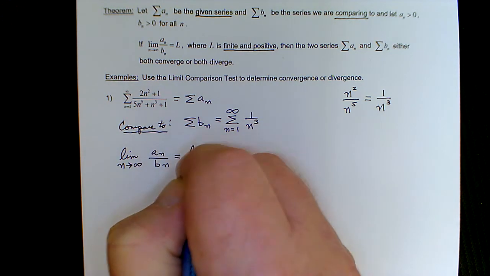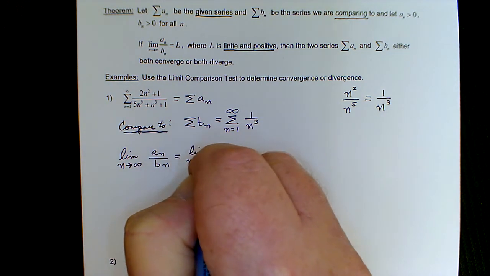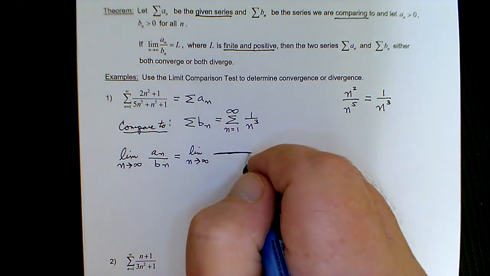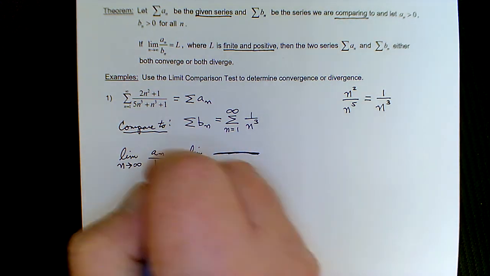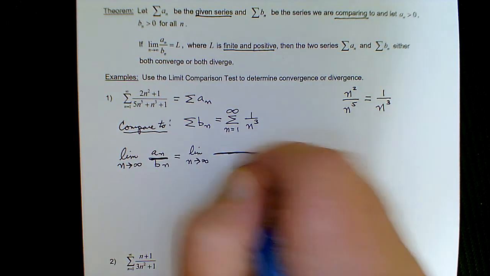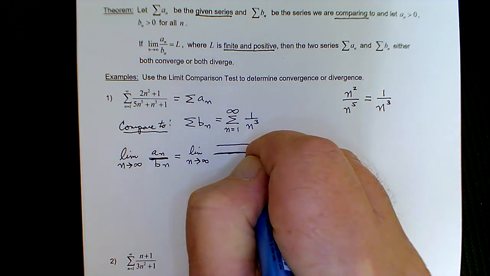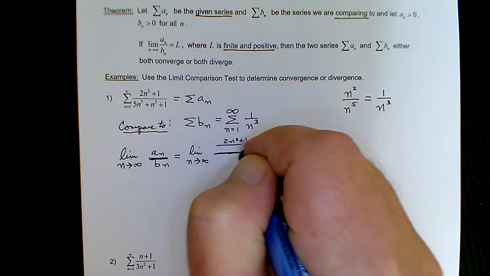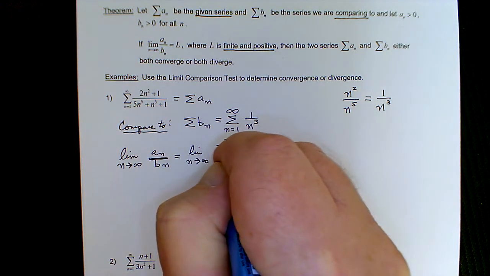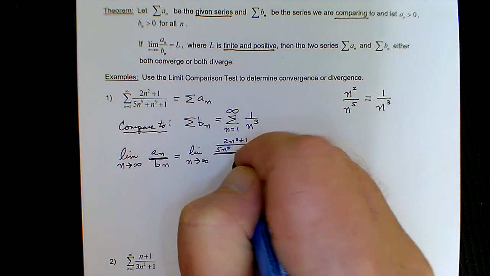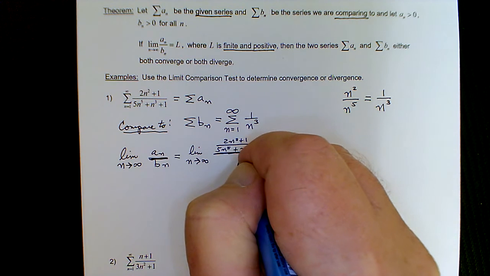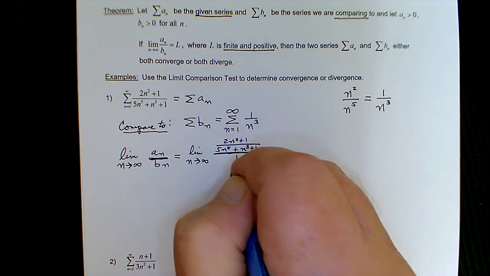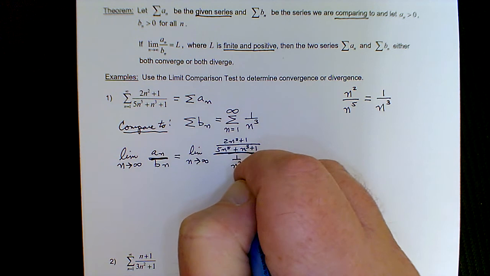And that would be the limit as n goes to infinity in this case of, let me make that fraction bar a little thicker, because we've got fractions going on both in the numerator and denominator. The numerator is a sub n, 2n squared plus 1 over 5n to the fifth plus n cubed plus 1, and the denominator is 1 over n cubed.